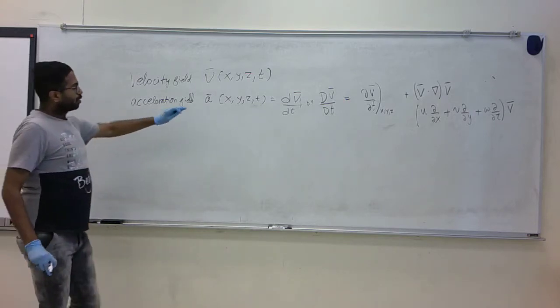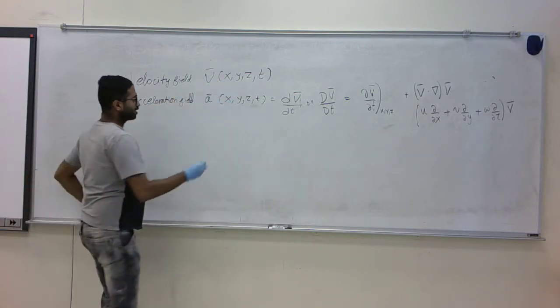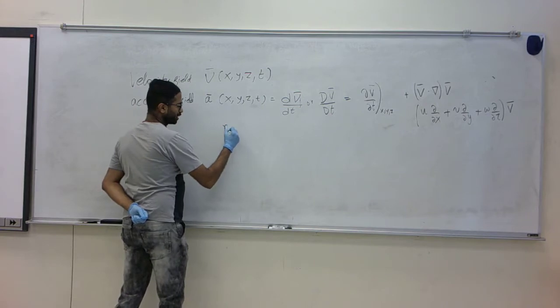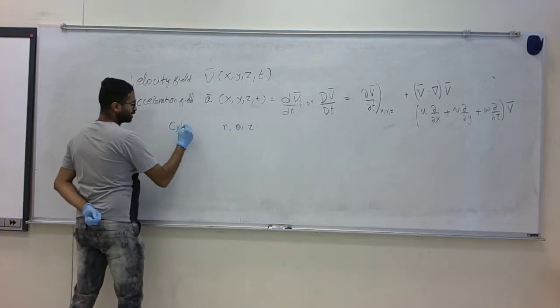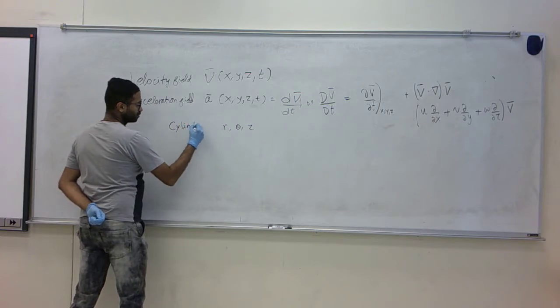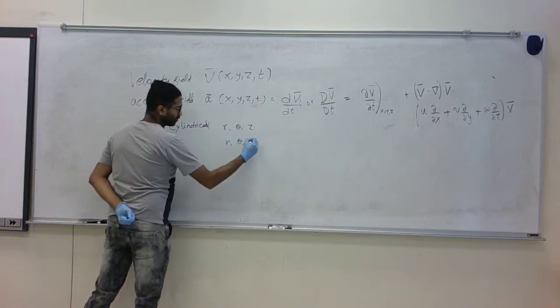So we talked about the velocity field in Cartesian, or you could have other coordinate systems like the cylindrical coordinate system, so that would be cylindrical r theta z, or the spherical, which is r theta phi.